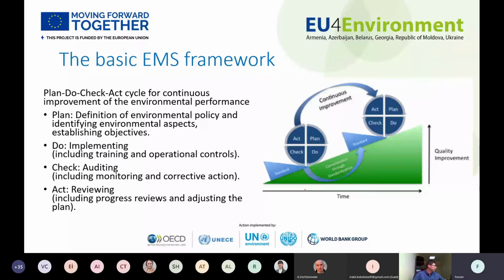So the standard defines a system which is better and which becomes better and better, and which provides for a stable continuous improvement process.